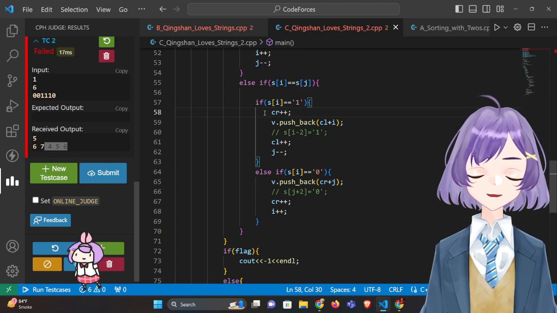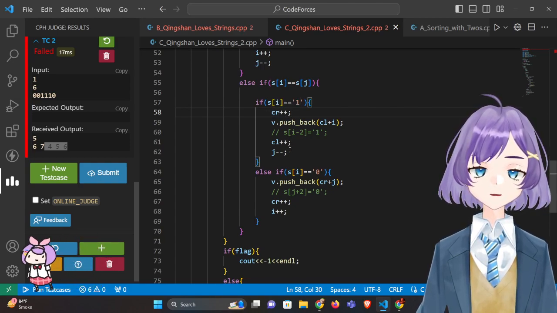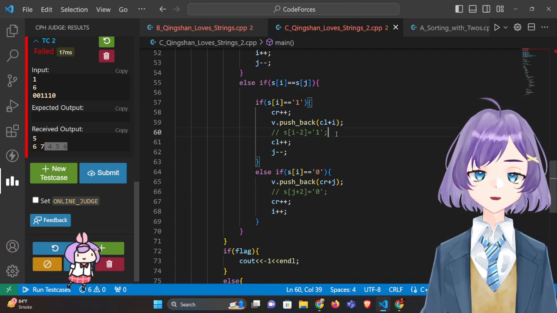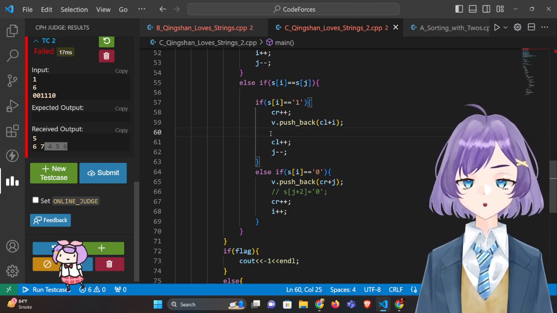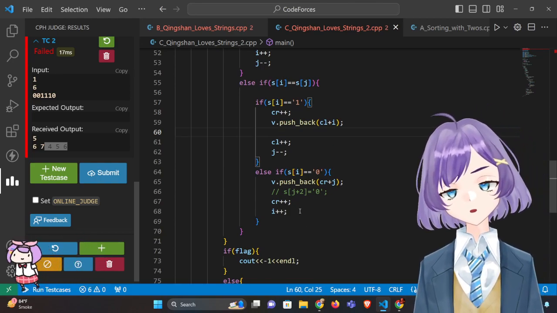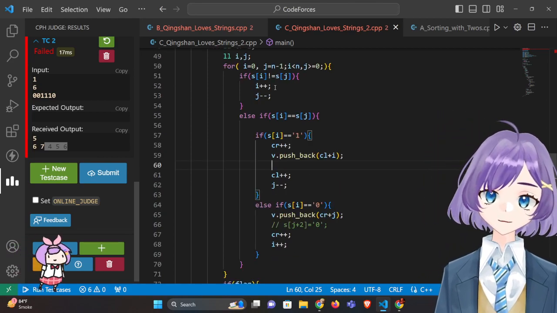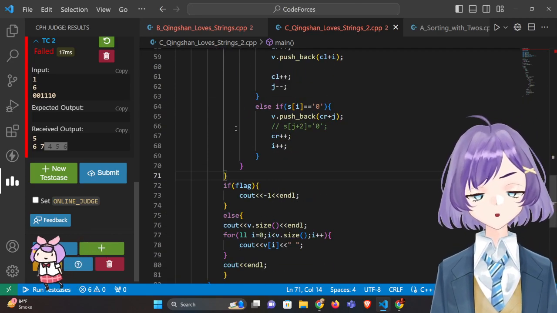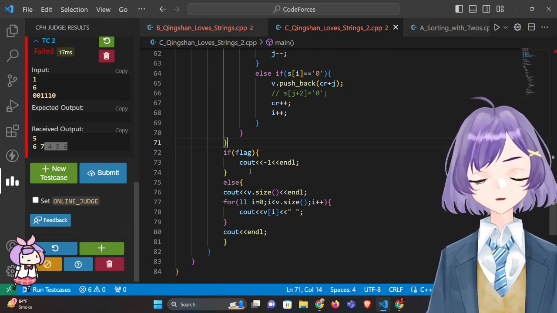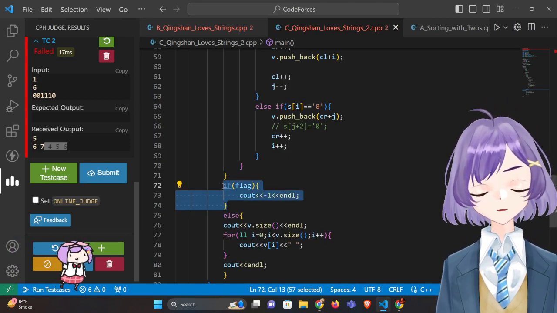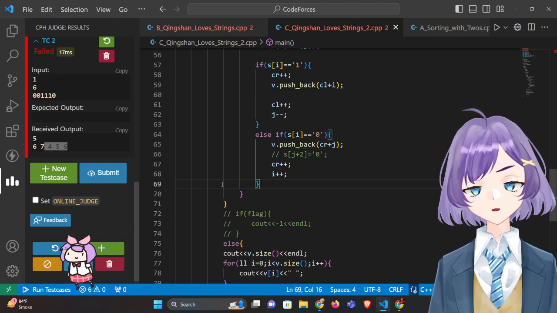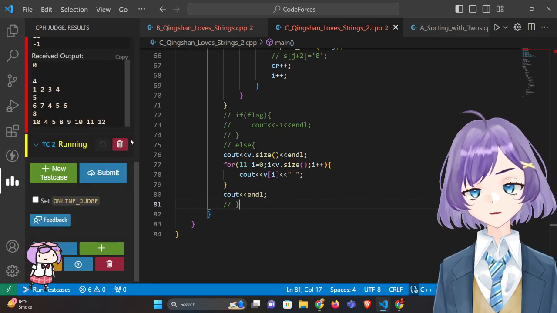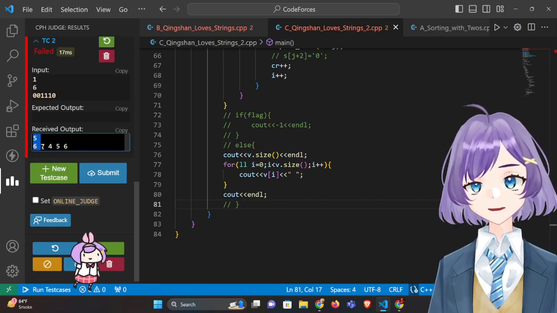If I encounter 1, I will not do I plus plus, but I will do j minus minus. 67456.